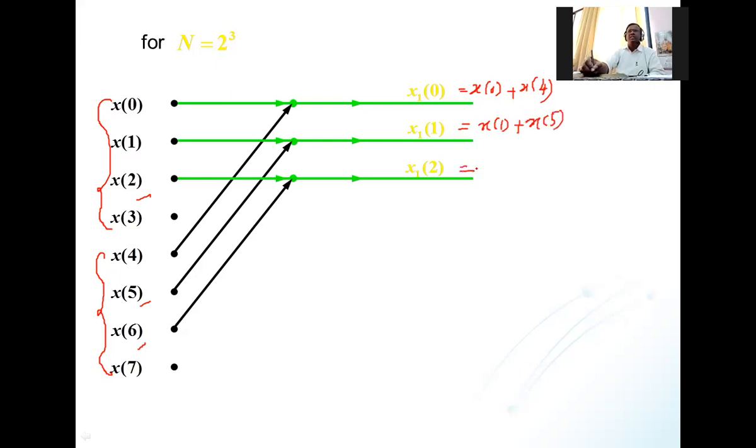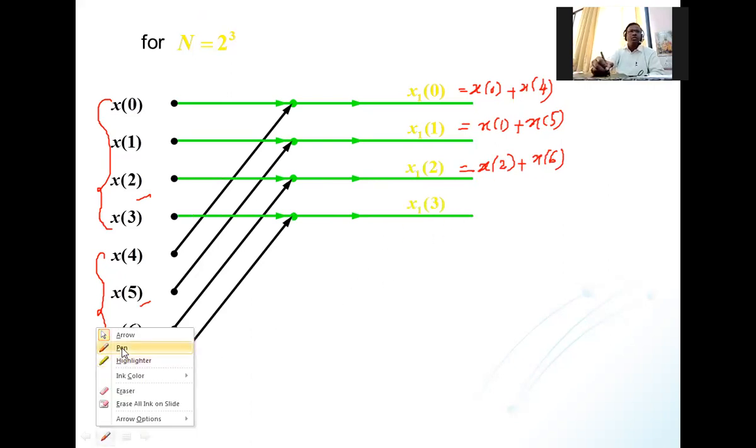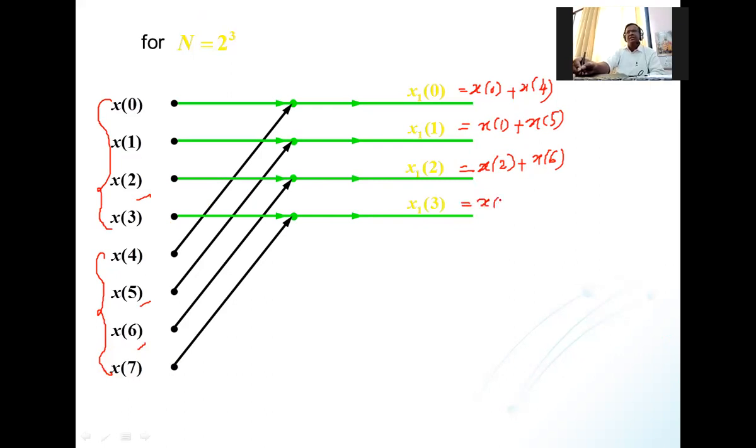The third one, x1 of 2, equals x of 2 plus x of 6. And the last one, x1 of 3, equals x of 3 plus x of 7.